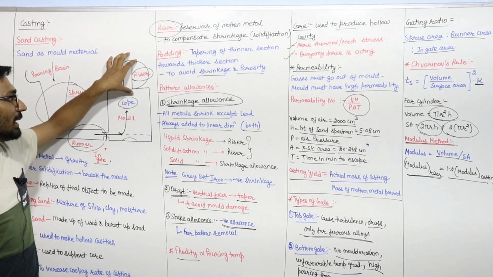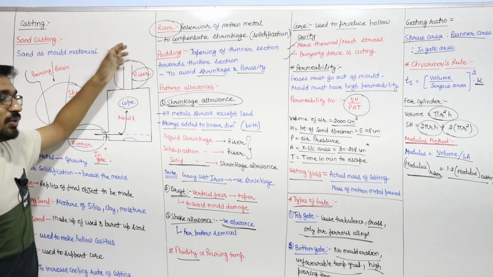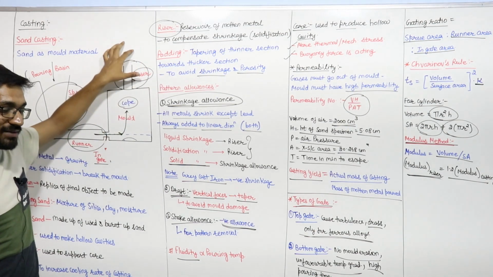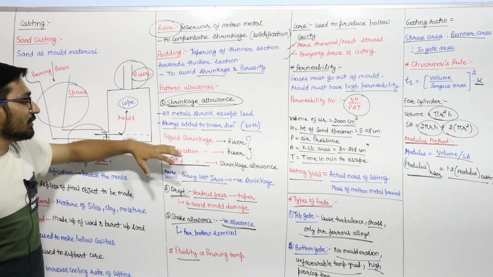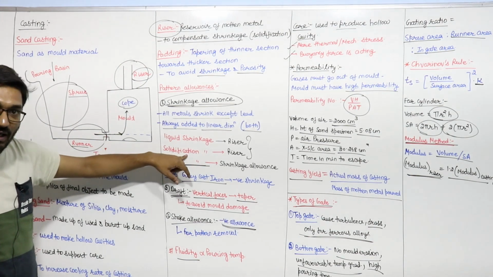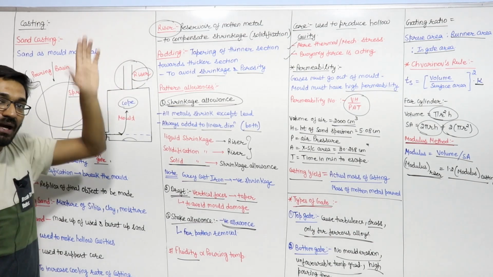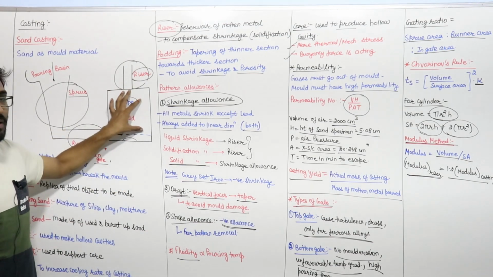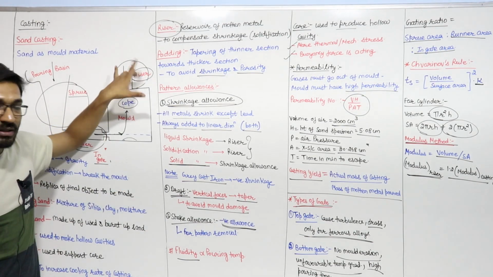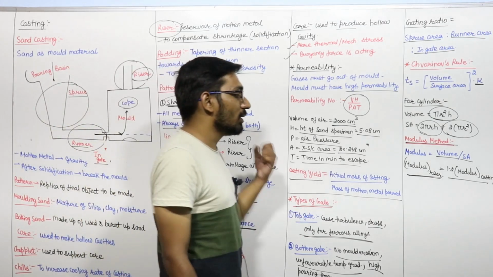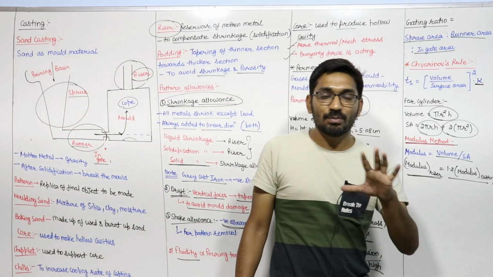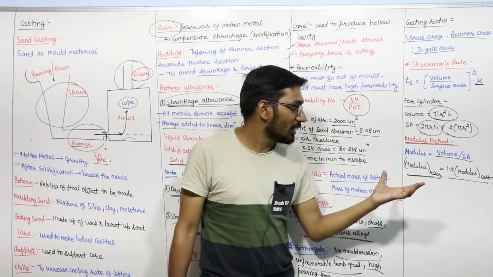Because if it solidifies first here, then there is no use of the riser, since this riser has to compensate for the liquid and solidification shrinkage. So the metal here will have to be solidified at the end. First the metal will solidify here, then at the riser. That's why we can say that the modulus of the riser will be approximately 1.2 times the modulus of your casting.